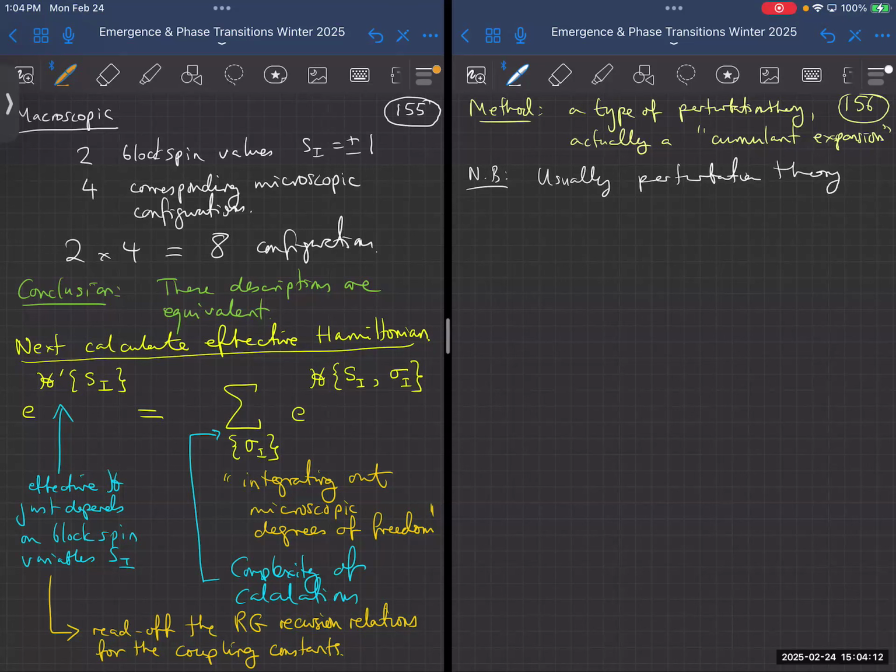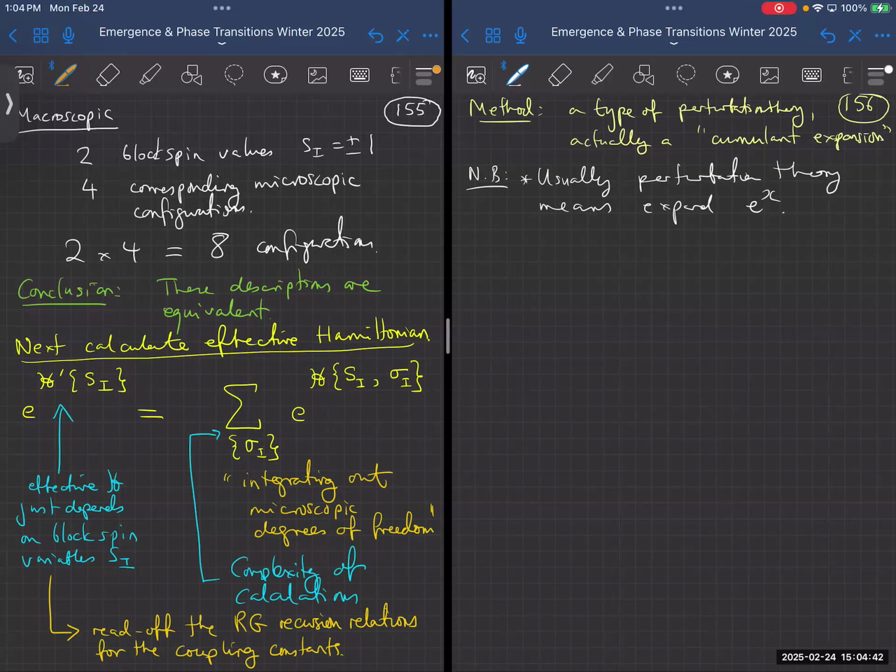So let me just make a note here. Usually when we say perturbation theory, what it means is that you expand e to the x. So if you've got a Boltzmann factor, or you've got an action in a quantum mechanics problem, a factor like e to the x, then usual perturbation theory is just expanding e to the x as a power series. But we're not going to be doing that.